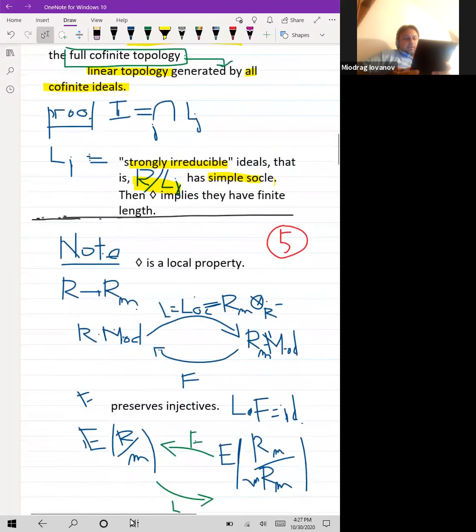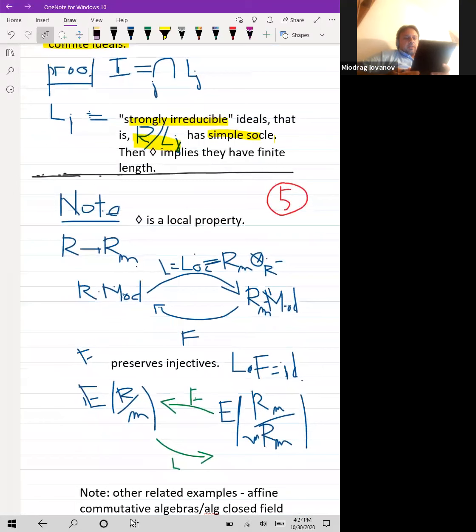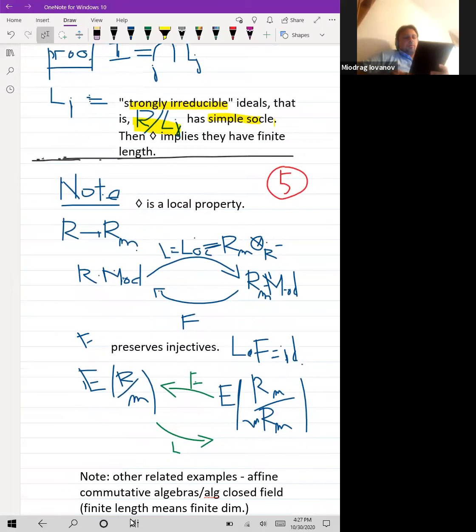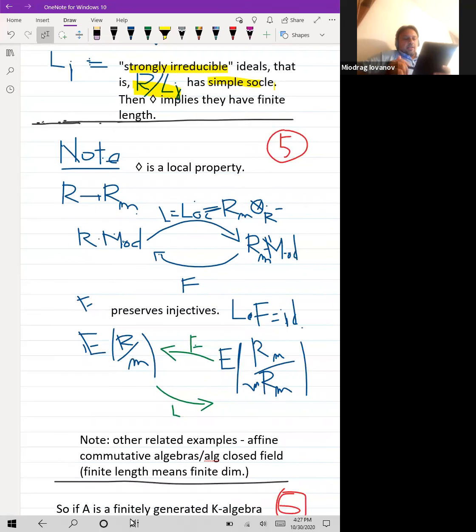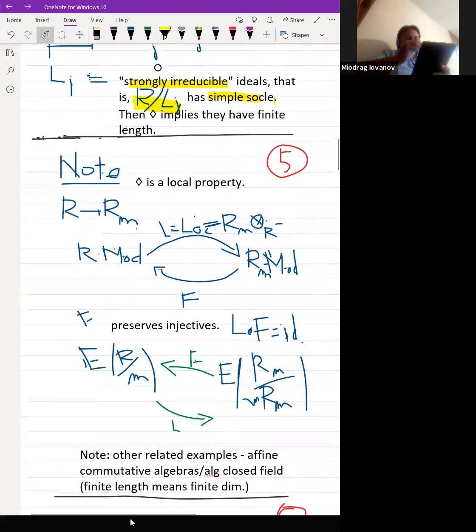Here's another result, that diamond is a local property. This is something that I've only seen in a paper maybe a couple of years ago of one of the authors I mentioned, and two co-authors. Perhaps my favorite way of seeing this is by drawing a diagram like this.